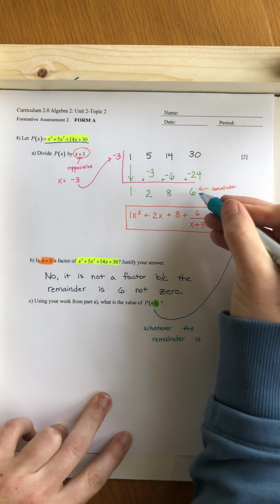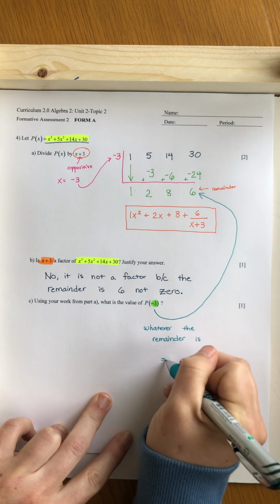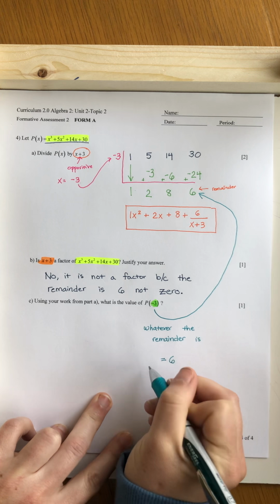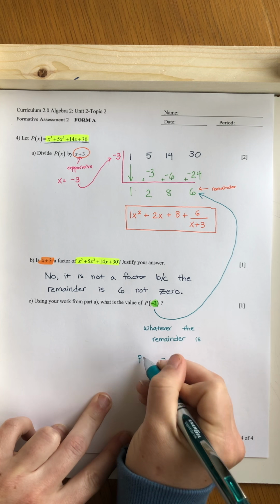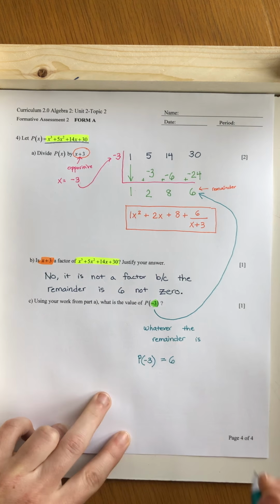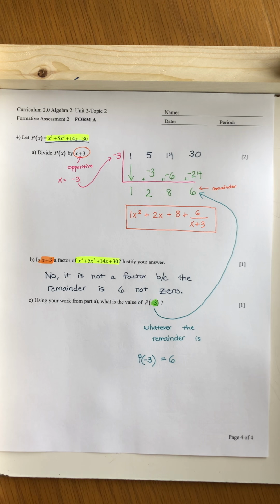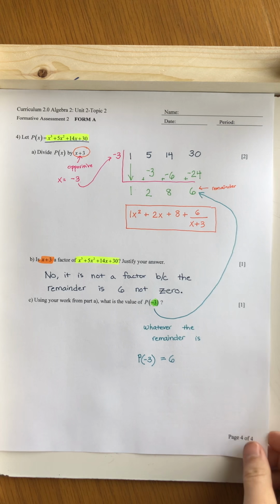In this case, the remainder was 6. So the answer to this question is 6. It says p of negative 3 equals 6. And that is the end of the second test.